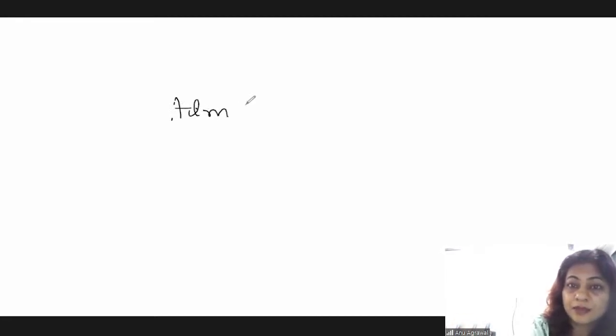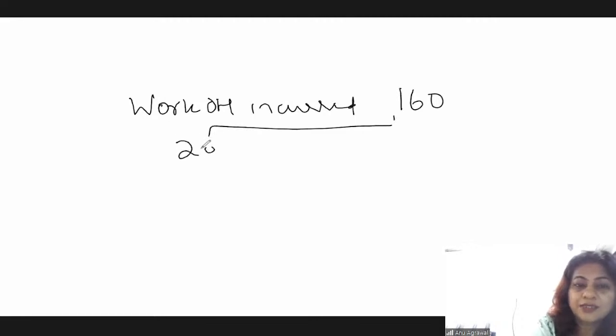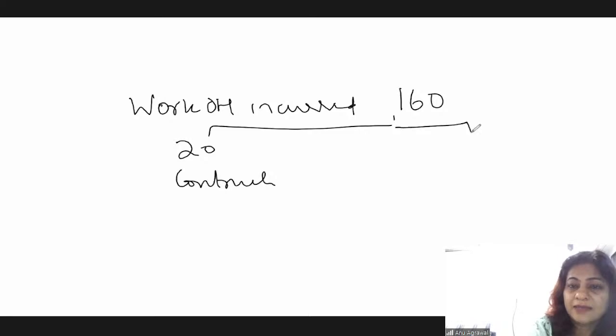Works overhead they have given us incurred is 160. From this 160, 20 goes into the construction account. And then they have told me that there is an under absorption of 8.